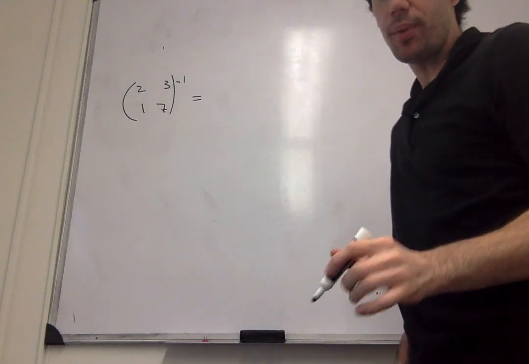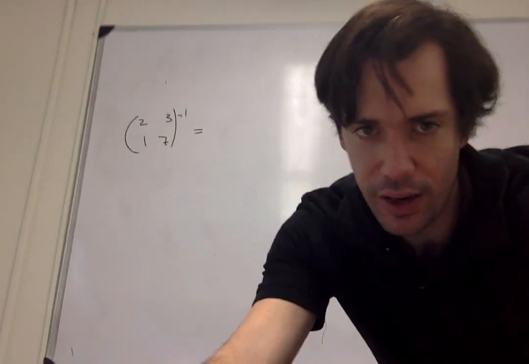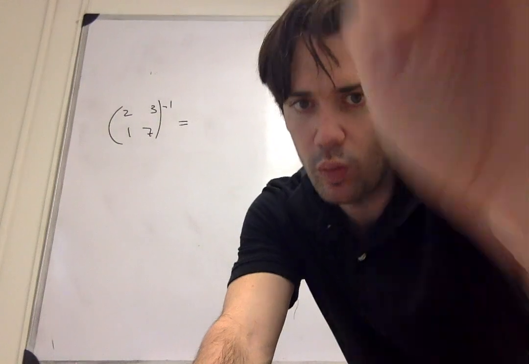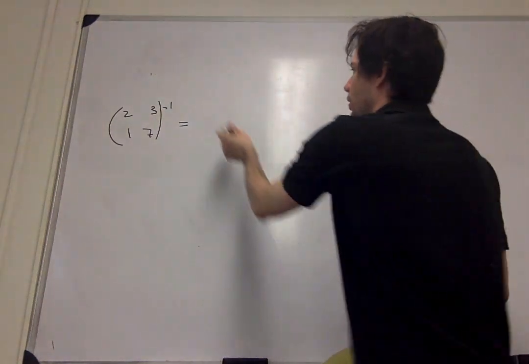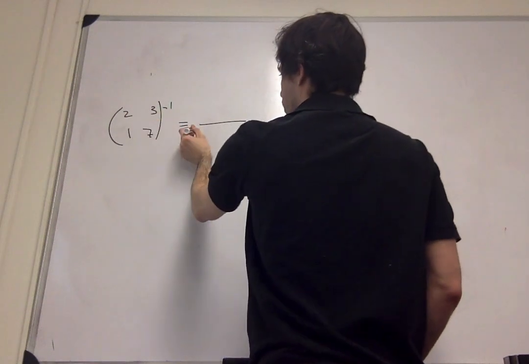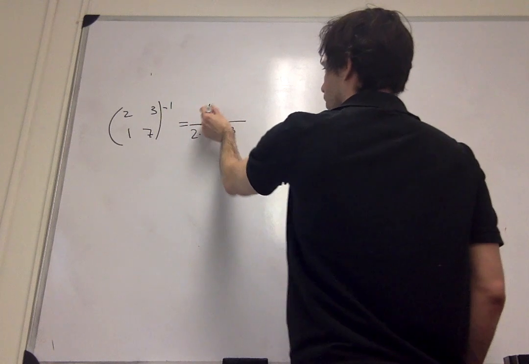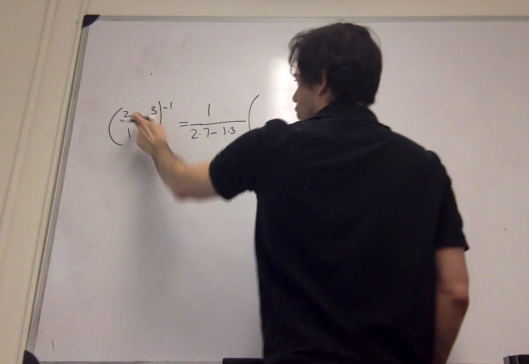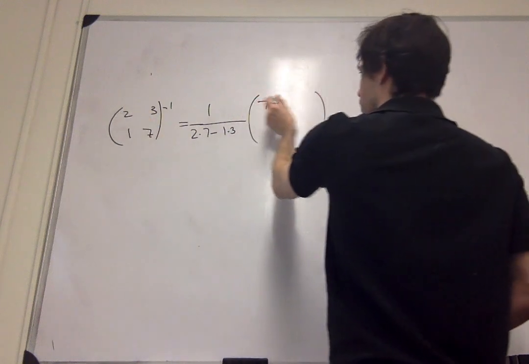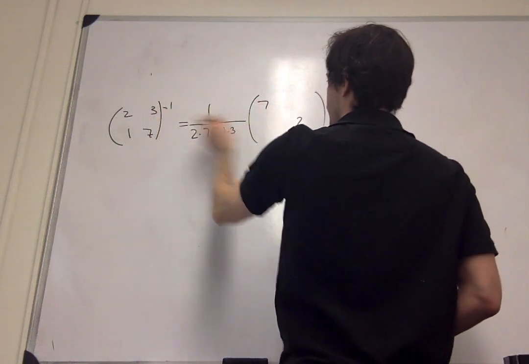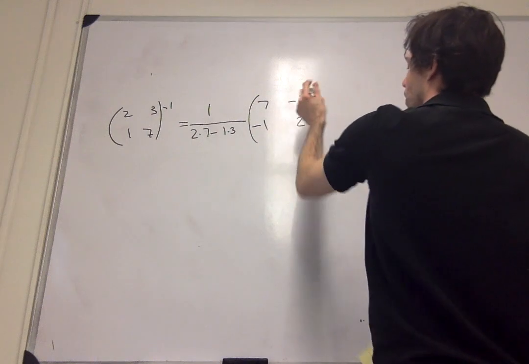Remember that the inverse of a 2 by 2 matrix is 1 divided by the determinant, so 2 times 7 minus 1 times 3. And then I'm going to swap those positions and negate the off diagonals.